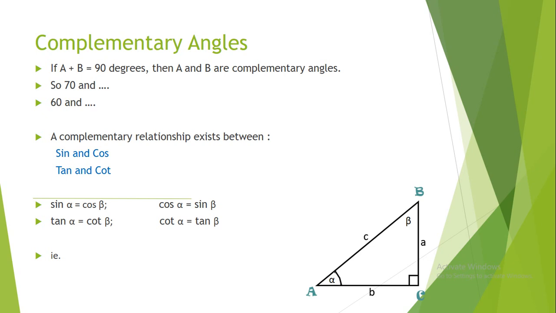But if it were sine 15 and cos 75, it would be correct, because 15 and 75 sum up to 90. So this relationship only exists when you have complementary angles, or when the two angles added together give you 90 degrees.